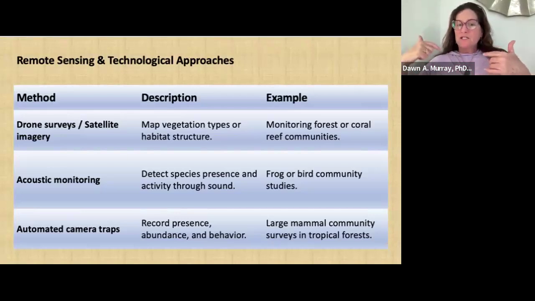Then there's acoustic monitoring. This is a way to detect species presence and activity through sound. So I had a PhD student who graduated who did this with narwhals in the Arctic. We deployed underwater acoustic receptors that were basically drilled into the bottom. Lots of permits were needed.